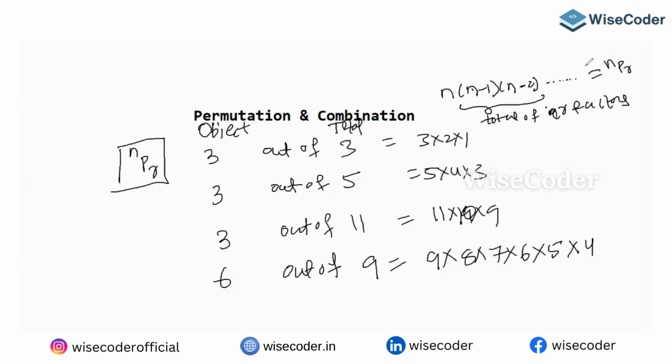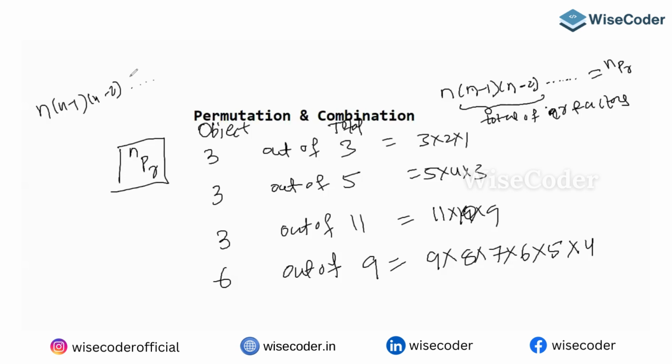To calculate the value of nPr, one would write n into n minus 1 into n minus 2 and so on. But this is not the ideal way to write a formula, because we would need to write the text for a total of r factors. So to come up with the proper formula for nPr, look at the following working.